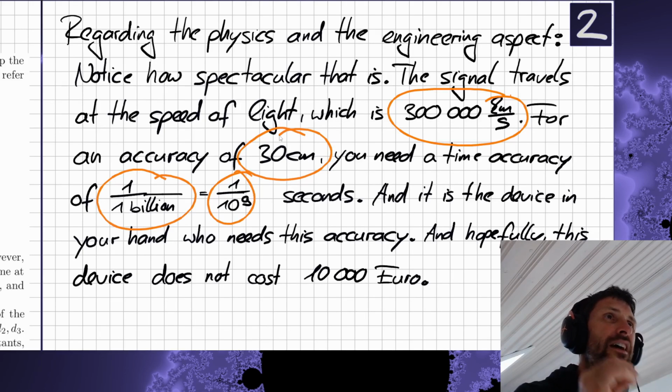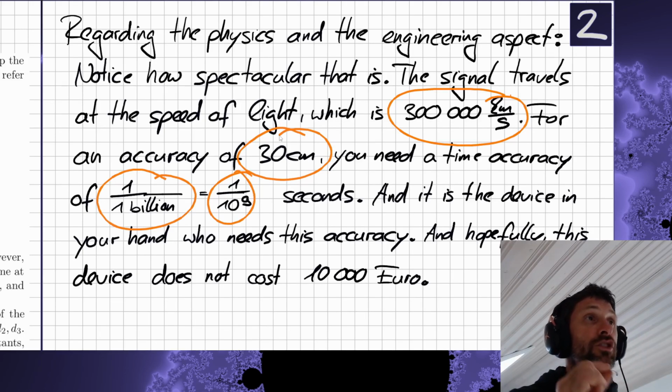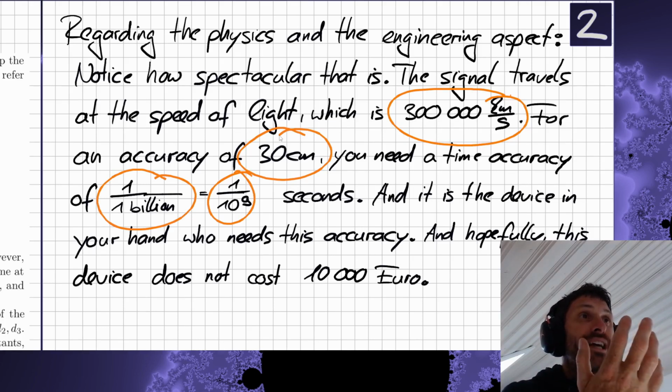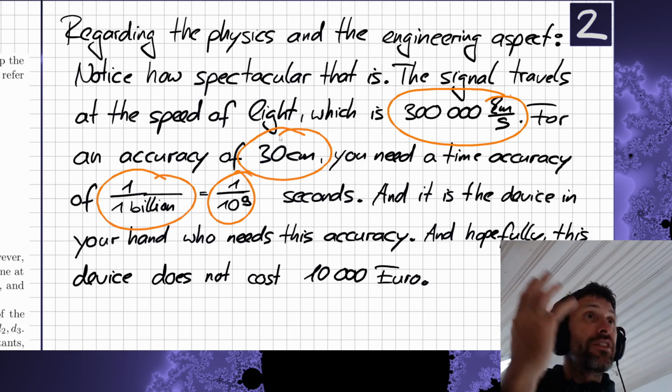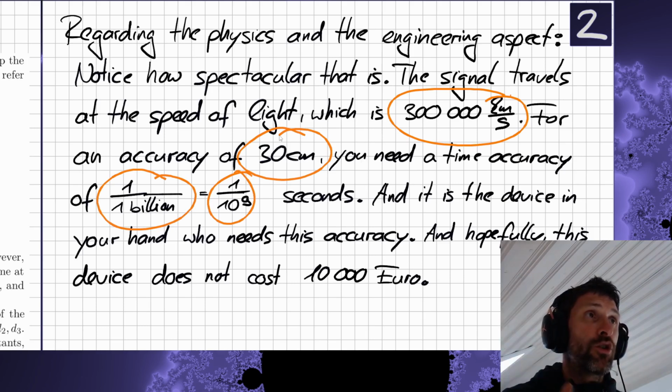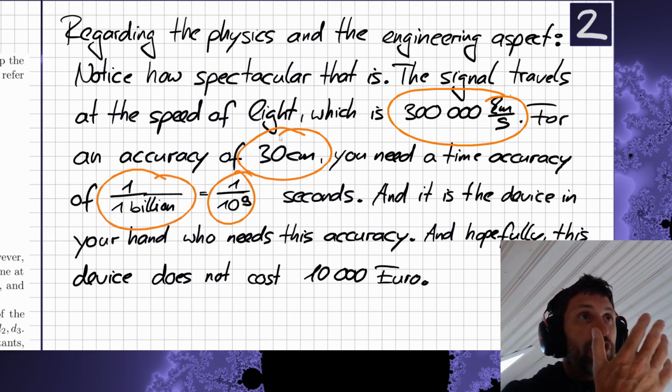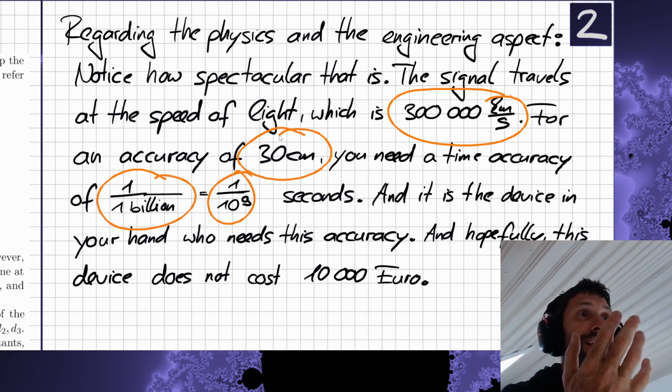So we need a very, very high accuracy for the time, and I think this is more or less a wonder. You need this accuracy in the device in your hand, not the satellites. If the satellite costs 10,000 euro more than it normally would, that's no problem. But you need this accuracy in your hand.